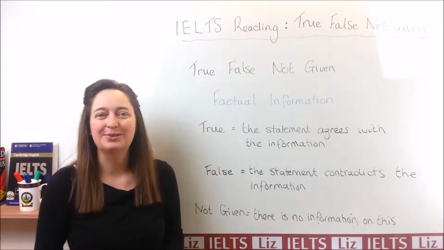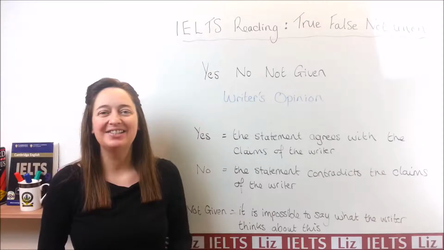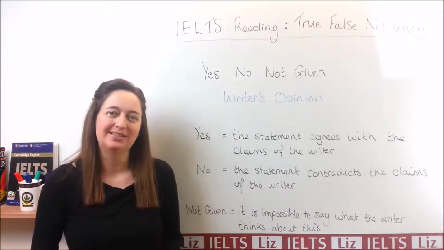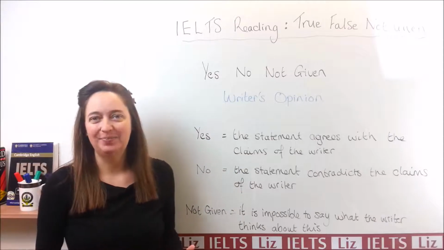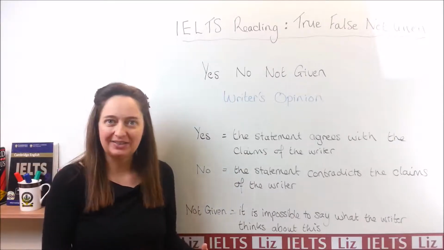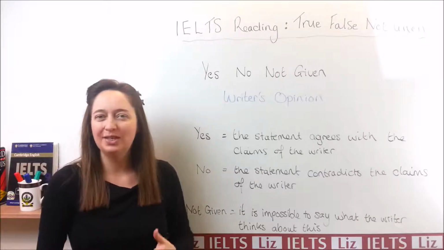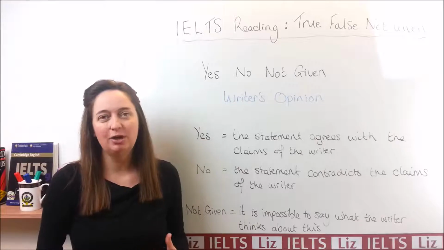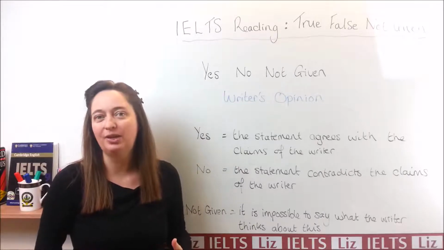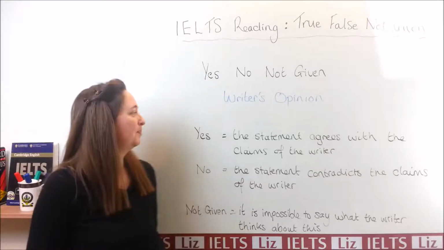So what's the difference with yes, no, not given? Let's have a look. The yes, no, not given questions are all about the writer's opinion. So it's not about the facts, but about what the writer thinks. So this is often called reading between the lines, trying to understand what the writer is trying to tell you about their opinion.